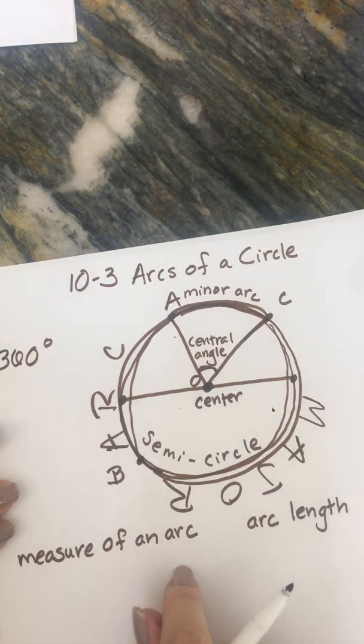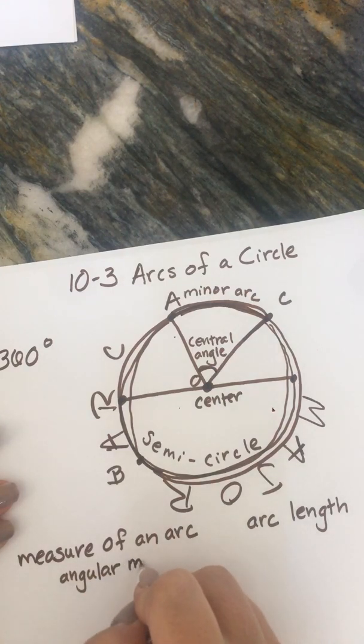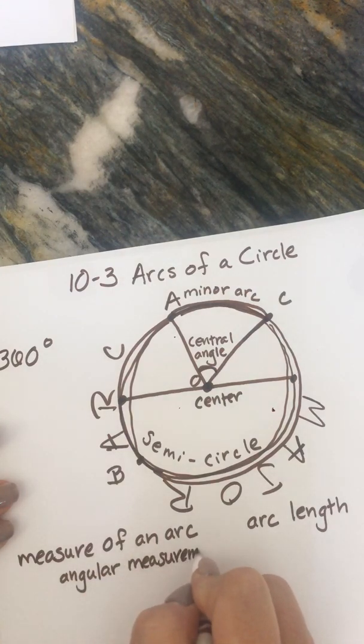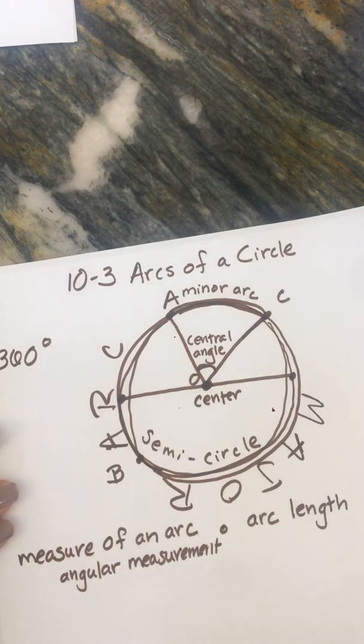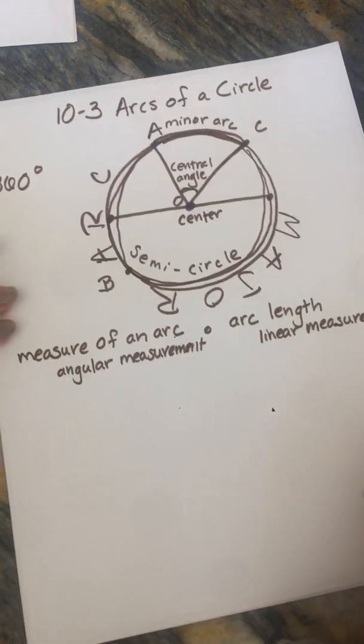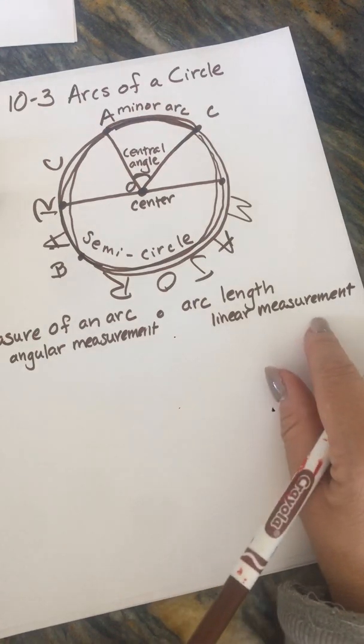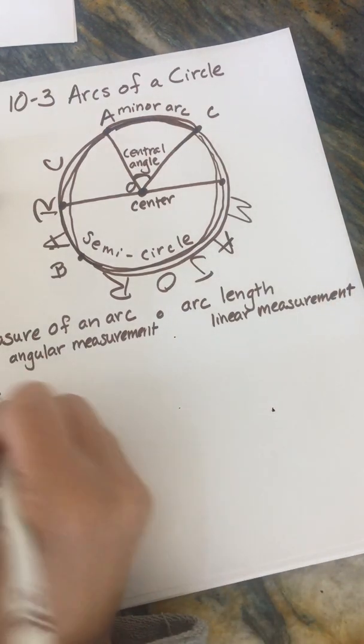So the measure of an arc is an angular measurement. So it's going to be in degrees, right? Arc length is a linear measurement. So that'll be in like centimeters, miles. So it's units to the first power. So let's look at an example.